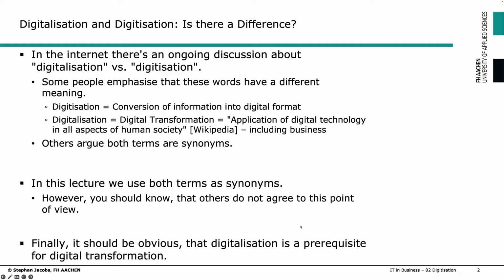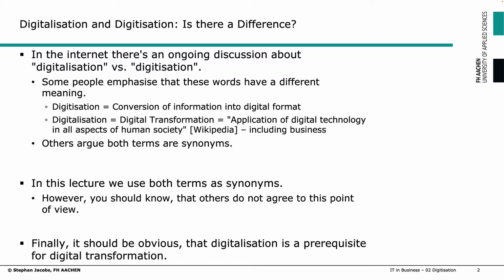To make things a little bit more complicated, especially for the German students, the terms digitization and digitalization are used in the English or American countries. However, in Germany, two other terms have been used.